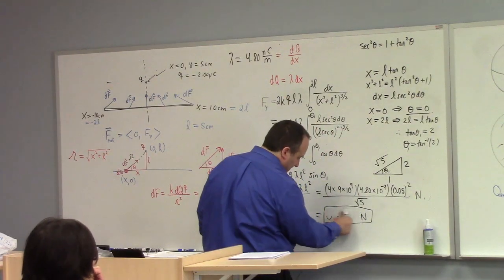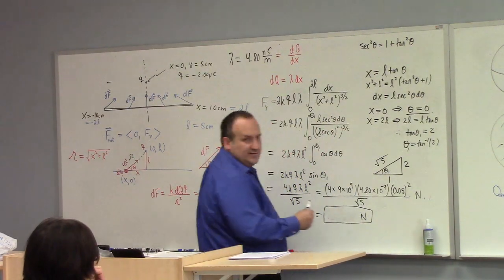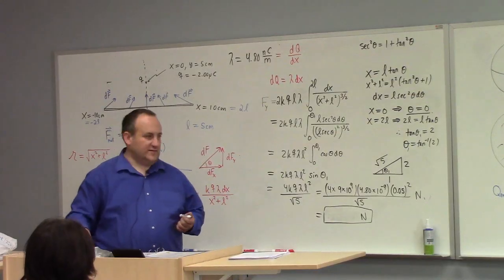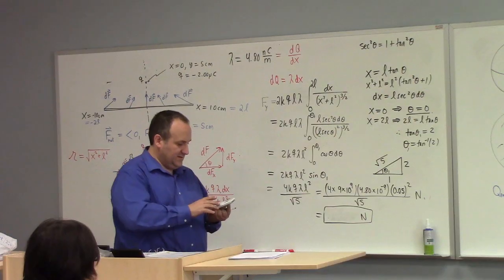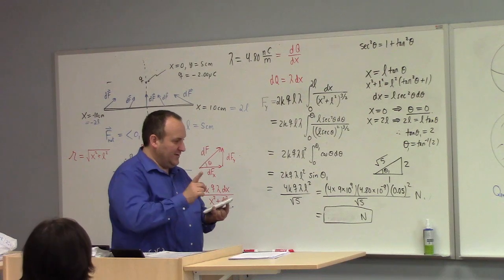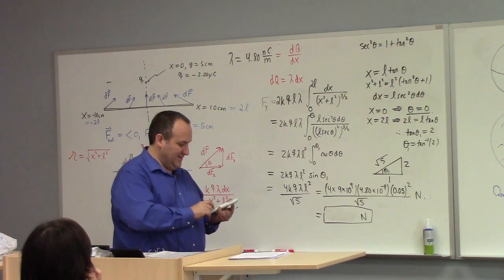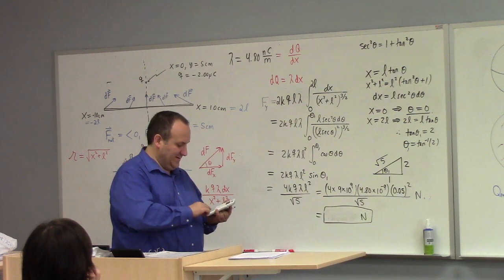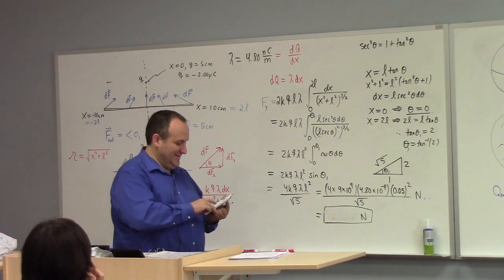Let's see here. I usually make a mistake right at the end. That's my custom. I should just take what I did and divide it by 0.1 squared. That undoes it.